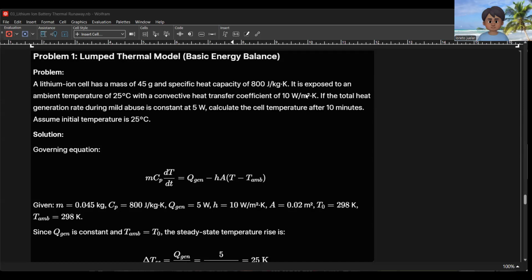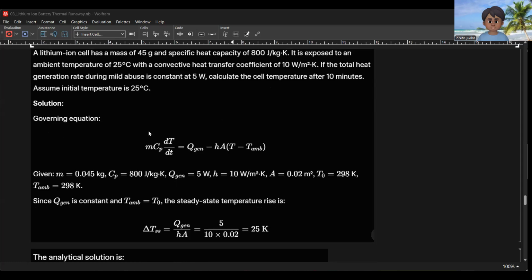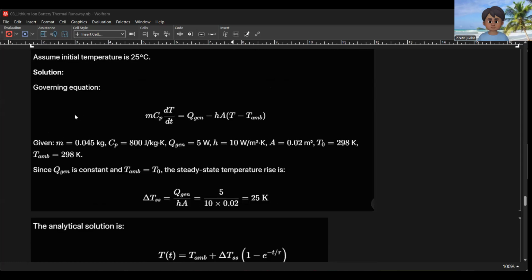It is exposed to an ambient temperature of 25 degrees Celsius with convective heat transfer coefficient of 10 watts per meter squared Kelvin. If the total heat generation rate during mild abuse is constant at 5 watts, calculate the cell temperature after 10 minutes. Assume initial temperature is 25 degrees Celsius.